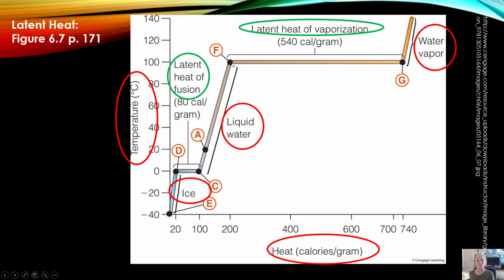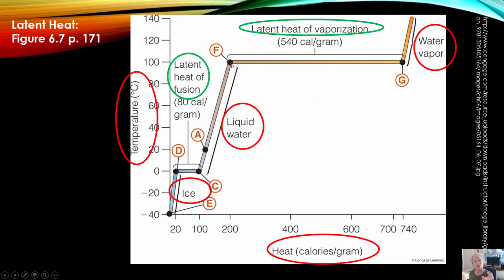And you could figure out the 540 if I didn't tell you, and I just gave you this chart on the test. You could see that water vapor here is at, it looks like, 740 calories. And then over here, the liquid is at 200 calories. So we subtract those two and we get 540.